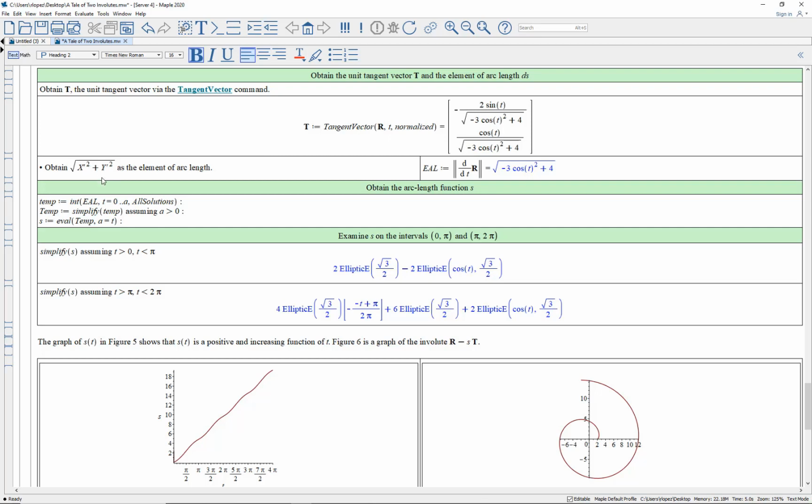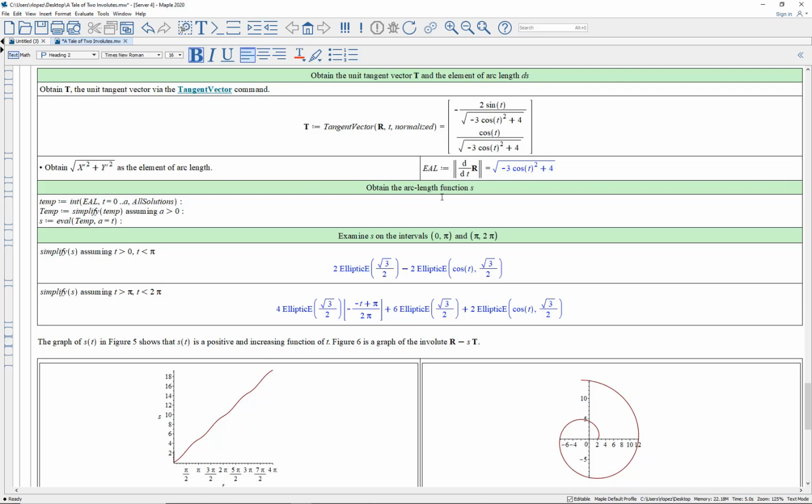And what's the element of arc length for a parametrically described curve? It's x prime squared plus y prime squared square root. Well, there's a differential at the end, but Maple's integrals don't explicitly have you enter the differential. So element arc length, EAL.